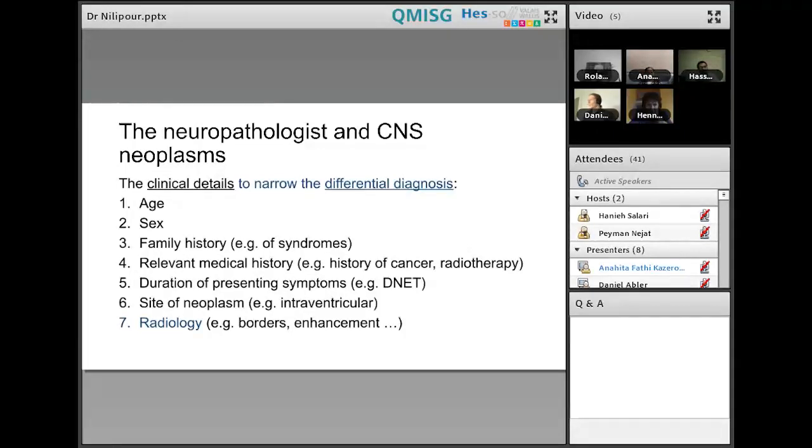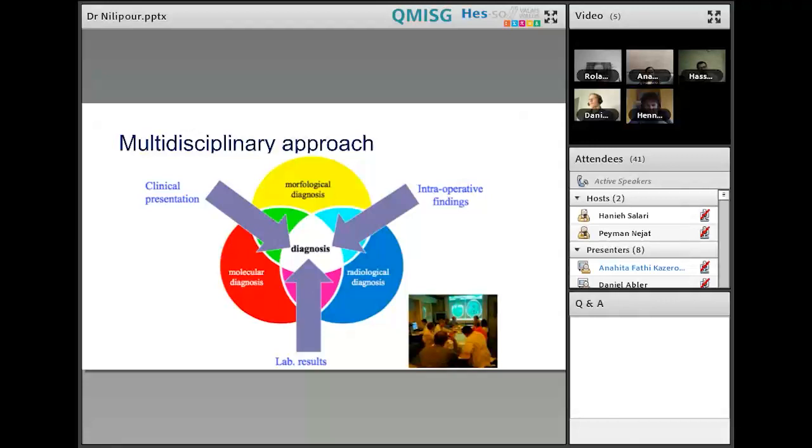Next slide, please. So we use all the data, clinical and, the most important one, radiologic data, to have a correct and multidisciplinary diagnosis.